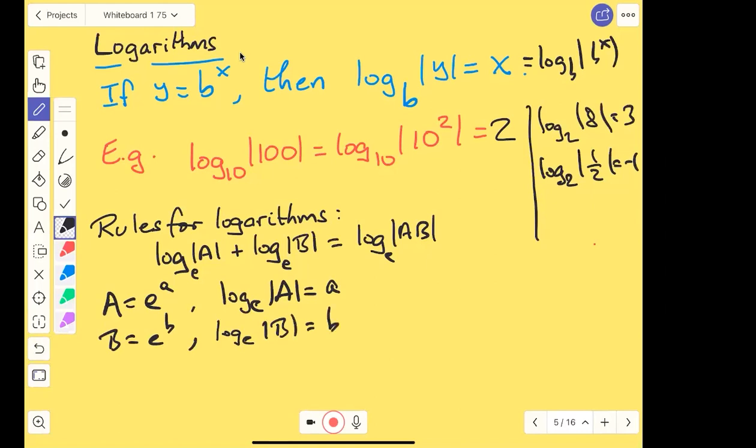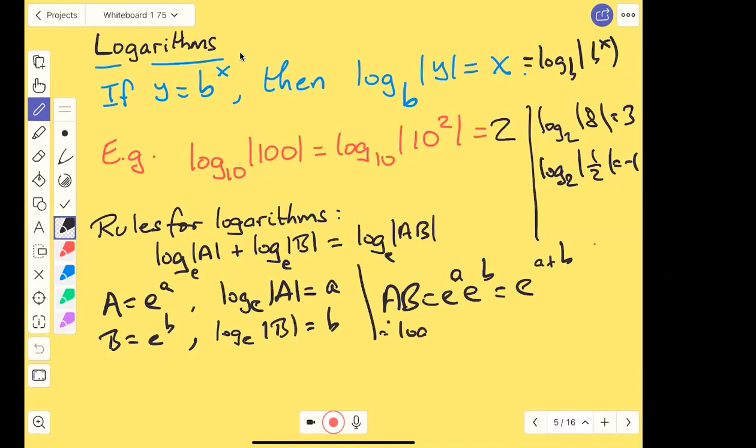Now, I've said the logarithm is the inverse function to the power function, so we should expect to be using power functions here. And all we do is we say, well, a times b is e to the a times e to the b, and that is e to the what power? Yep, exactly. I'm getting people typing in a plus b using the rules for powers.